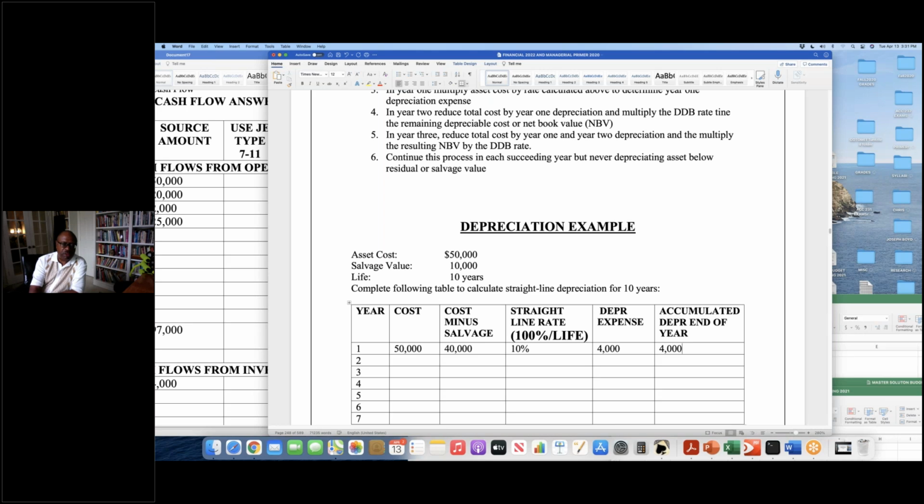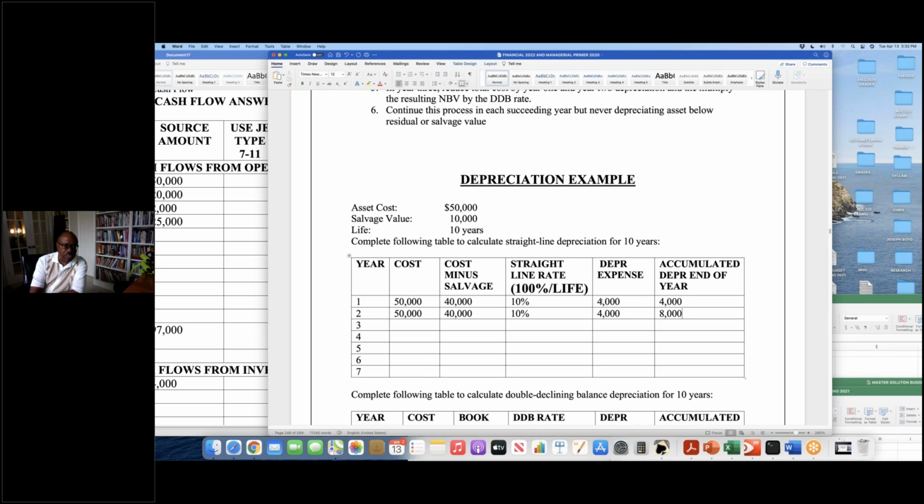When we get to year 2, the first 4 columns stay the same. Cost, salvage, straight line. The only thing changed is this column, where now what's going to be in column 5? 8,000. If we go to year 3, so in year 1 we're doing this, then this is year 2.